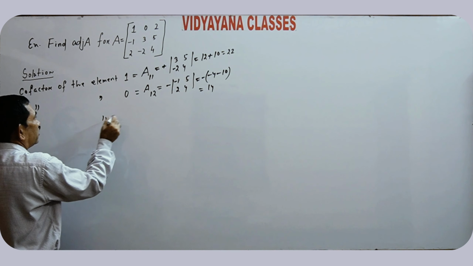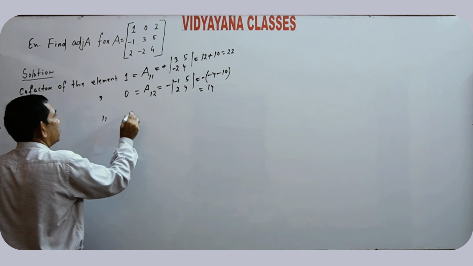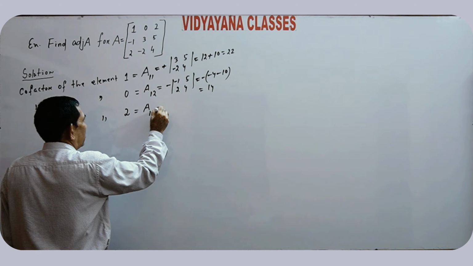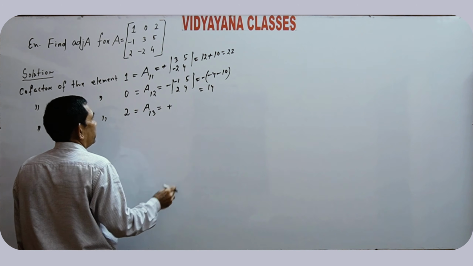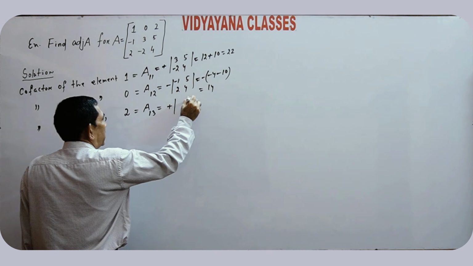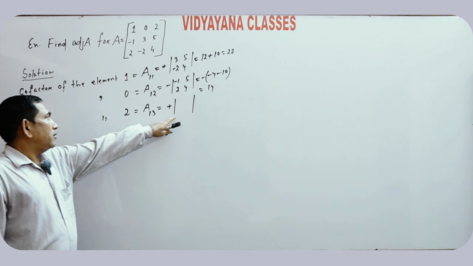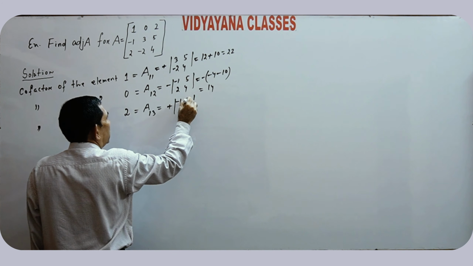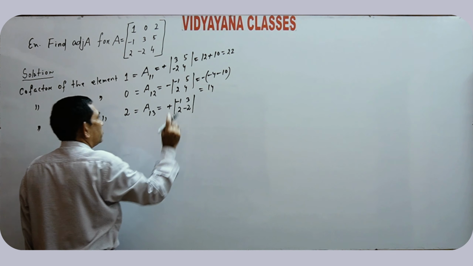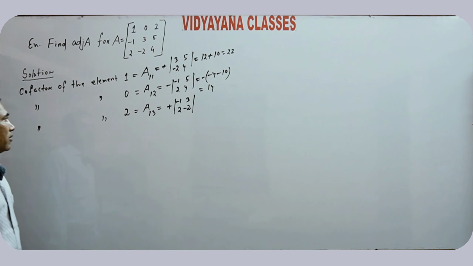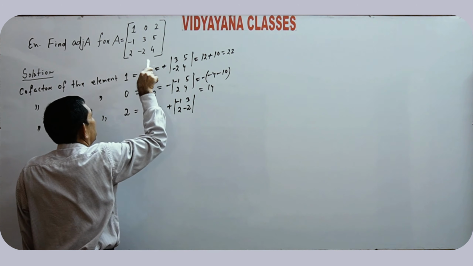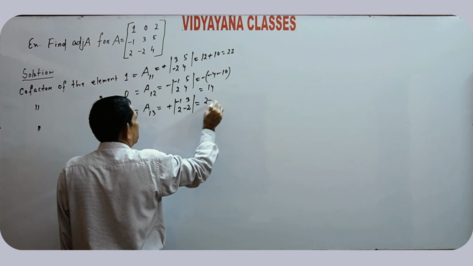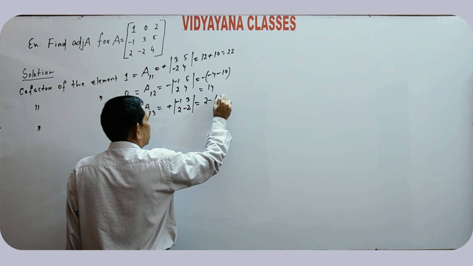Cofactor of the element 2, the element of first row and third column. Its sign is positive. Determinant having elements minus 1, 3, 2, minus 2. Deleting this row and this column, 2 minus 6 is equal to minus 4.